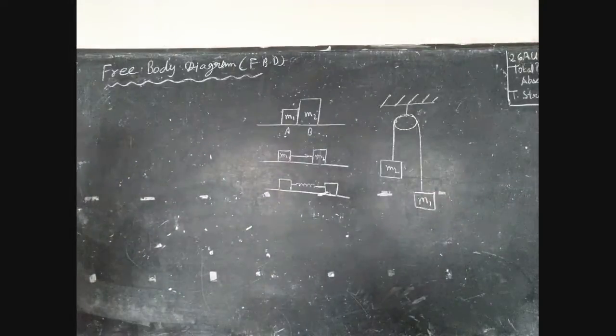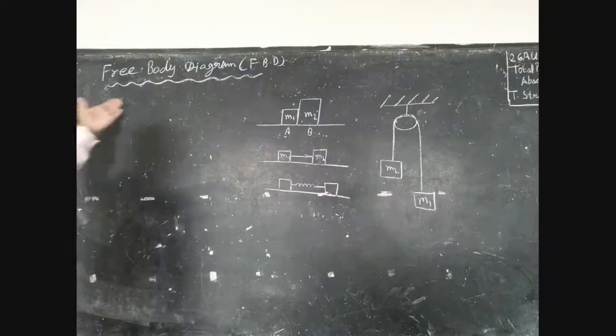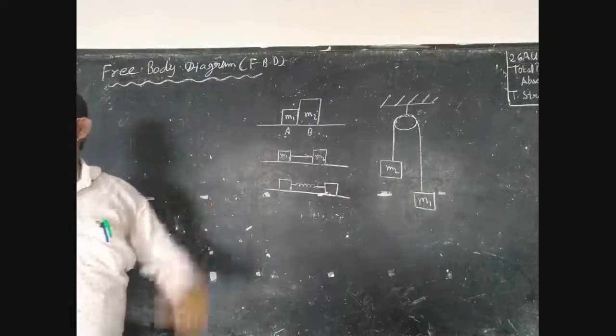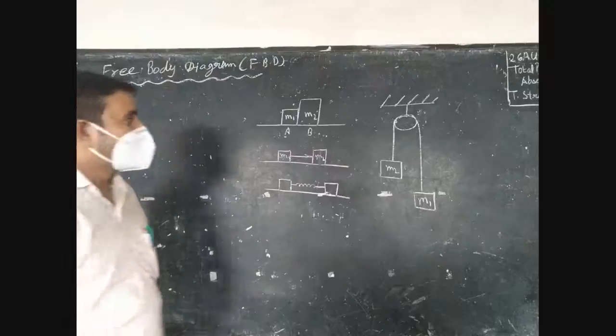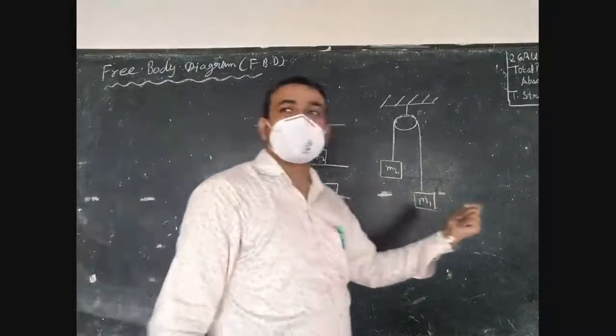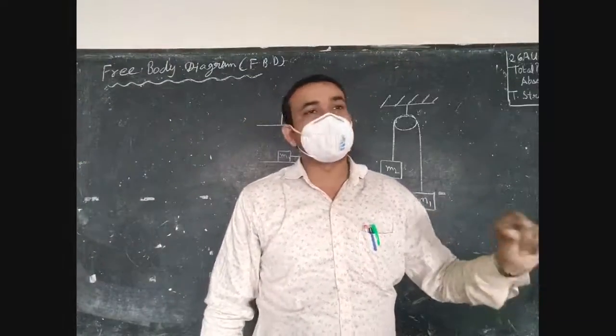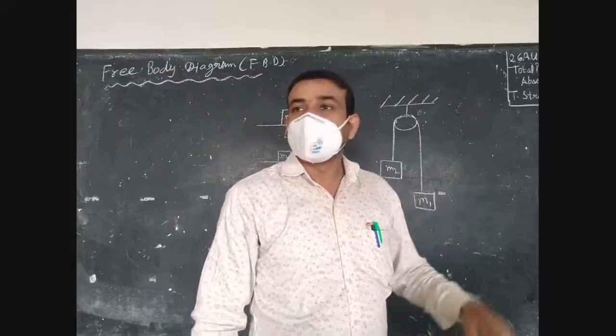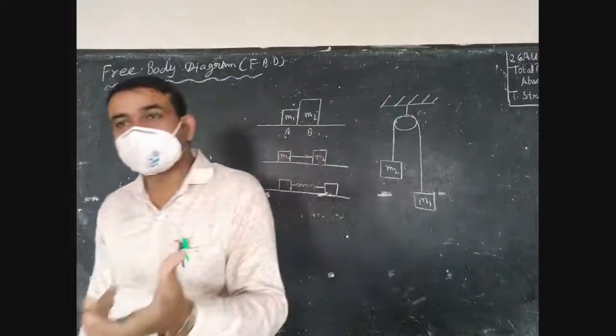Okay, all these diagrams or related problems are solved with the free body diagram, which means we need to form a separate diagram for each situation, and then we get the different forces.